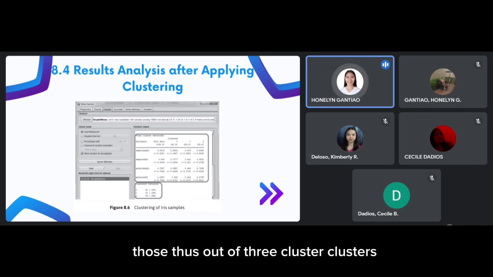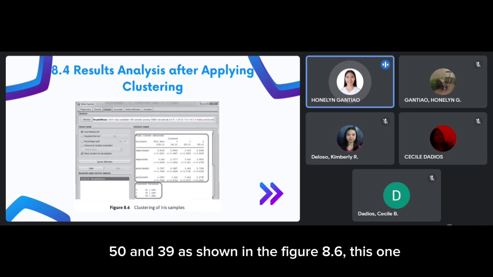Thus, out of three clusters, one cluster has been identified perfectly while there is shifting of 11 instances from one cluster to another, because the identified count of clusters is 61, 50, and 39 as shown in figure 8.6.